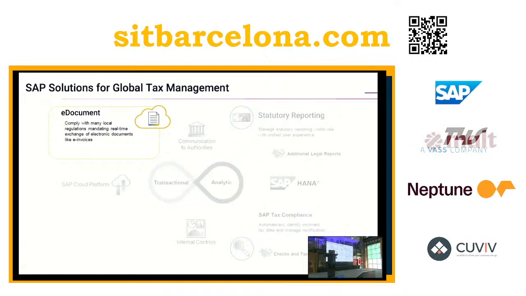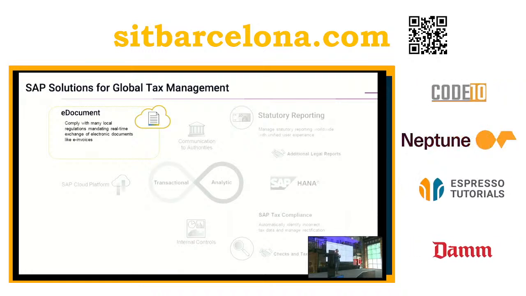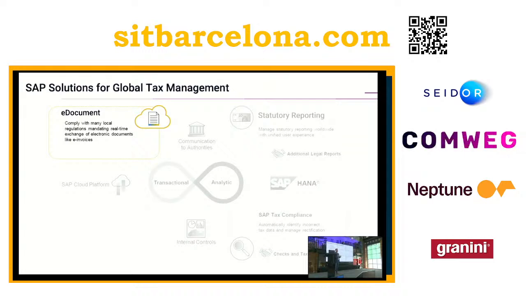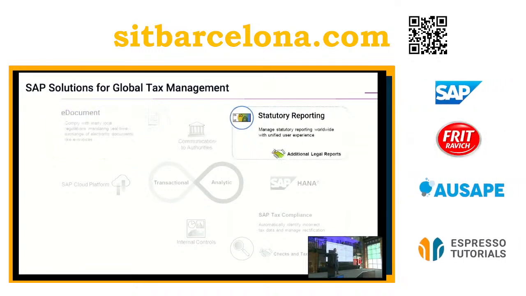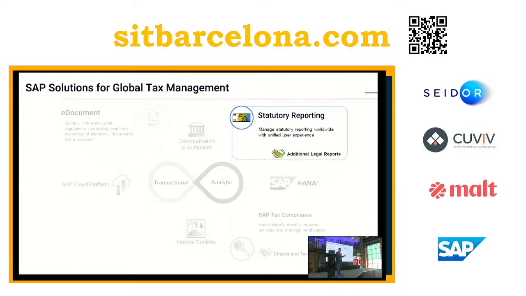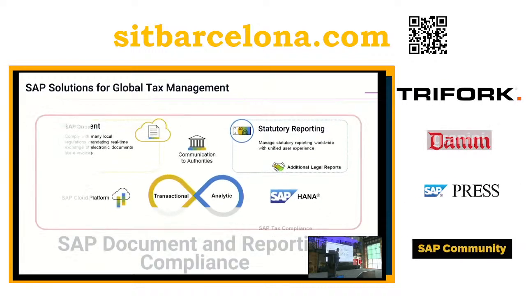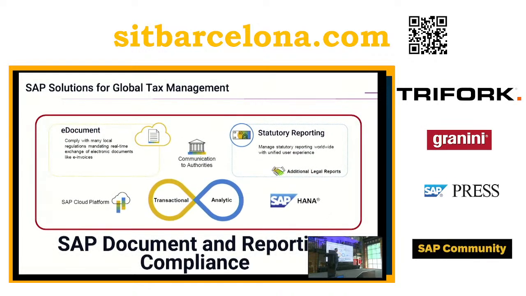The eDocument solution is SAP DRC, for real-time exchange of documents between taxpayer and tax authority. And on the other hand, you have the statutory reporting, which is the solution for legal reporting. They are different technologies. They have nothing to do with each other. And this is then the SAP Document and Reporting Compliance, the 2 technologies.